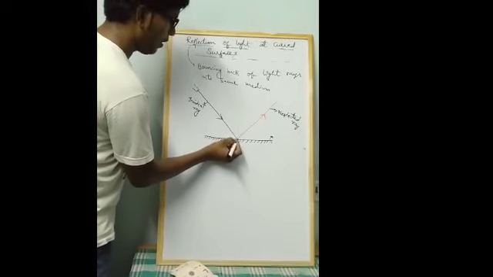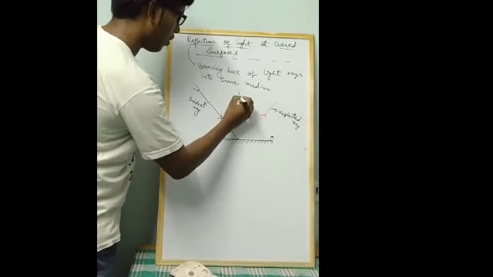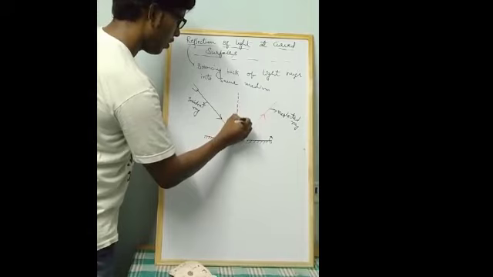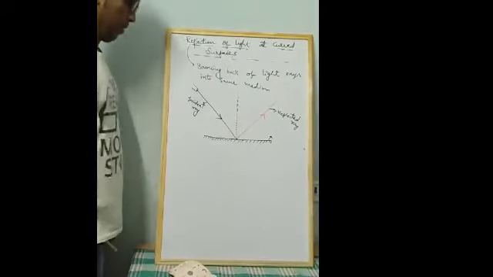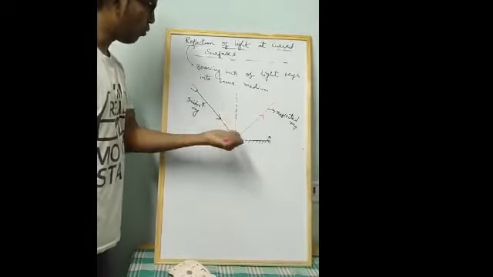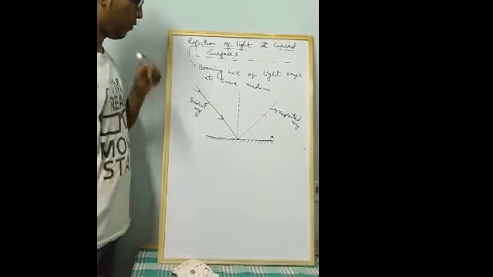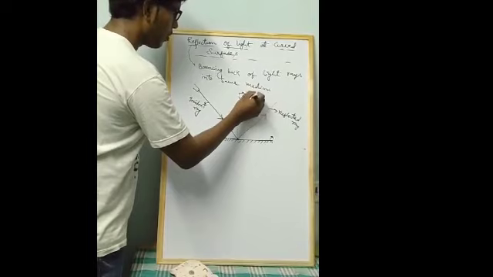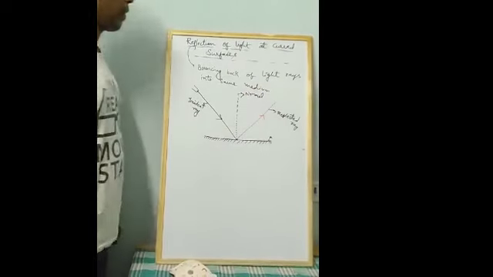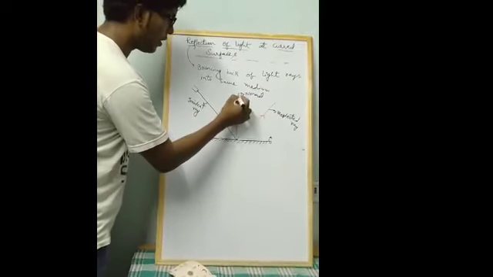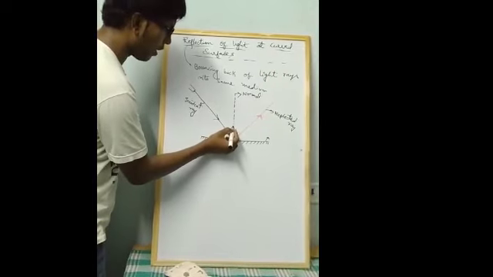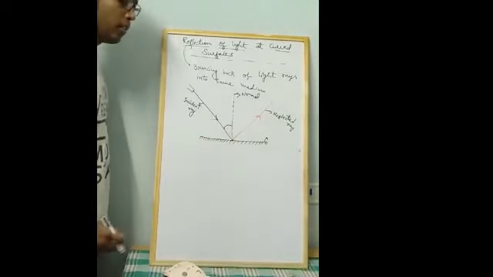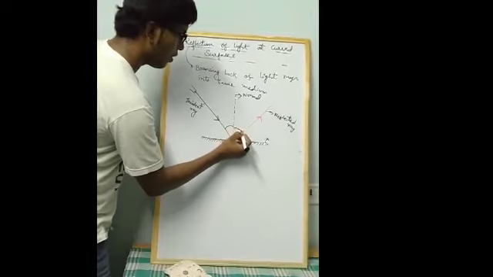Suppose I draw a perpendicular line exactly in between the two light rays, the incident ray and the reflected ray. This perpendicular line is called the normal. This normal makes an angle with the incident ray as well as with the reflected ray.